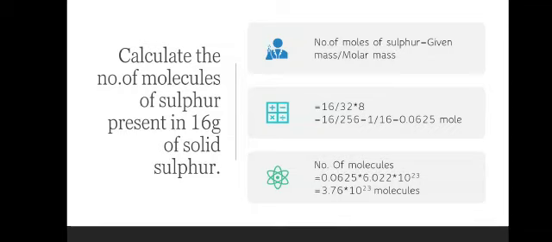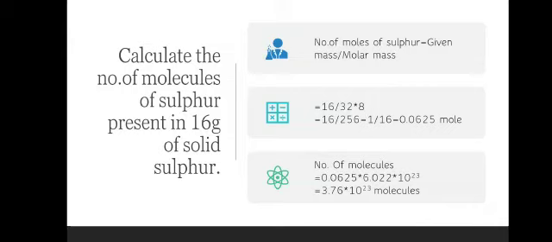Here, sulfur is in the molecule form. What is the molecule form of sulfur? S8. So sulfur atoms, 8 atoms are there. So what is the molar mass? 32 is the atomic mass, into 8 atoms. So 32 into 8, that means 256 is the molar mass.